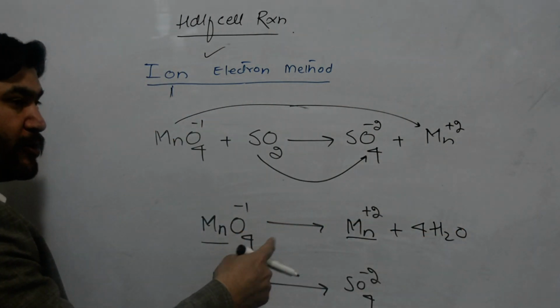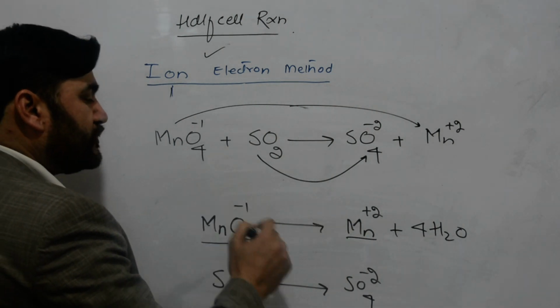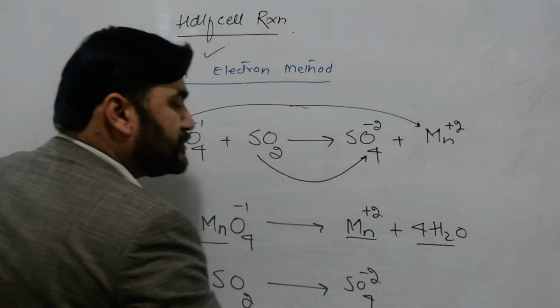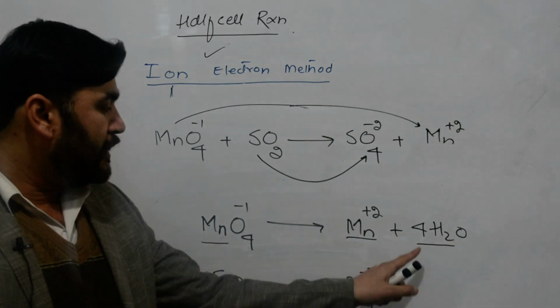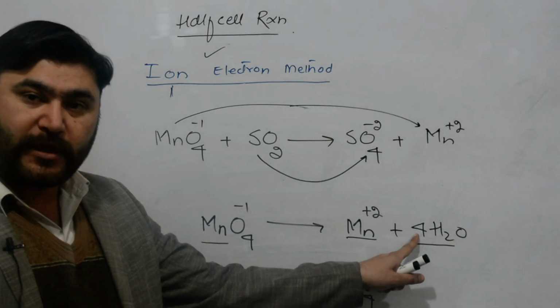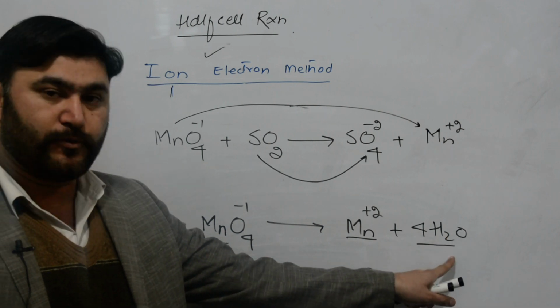By putting water on the right side to balance oxygen, hydrogen is also added in the form of H2. Now see how many hydrogens are added: 4 multiplied by 2, 8.